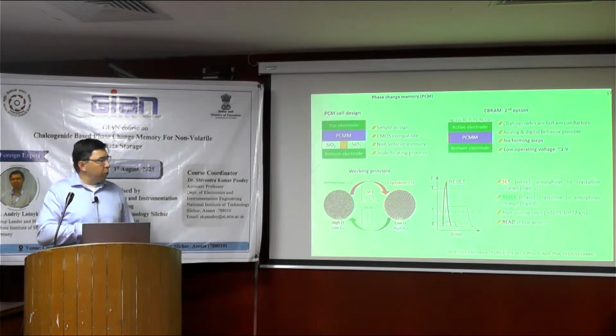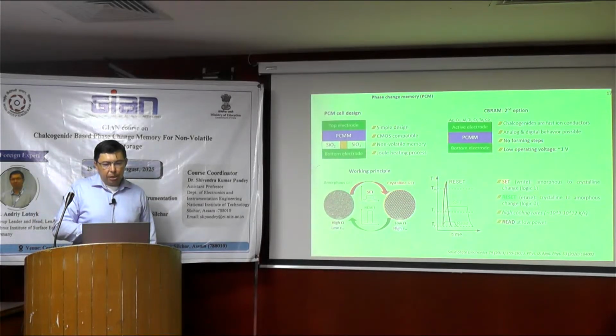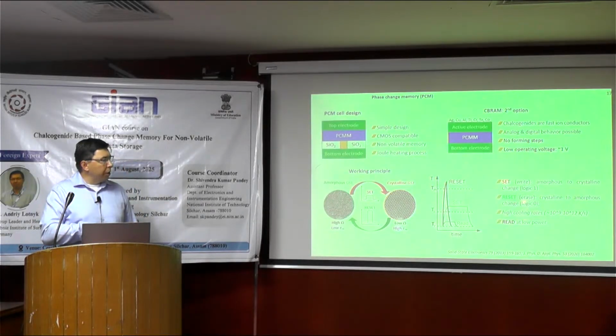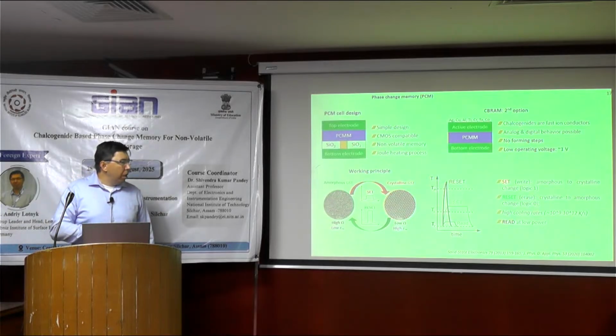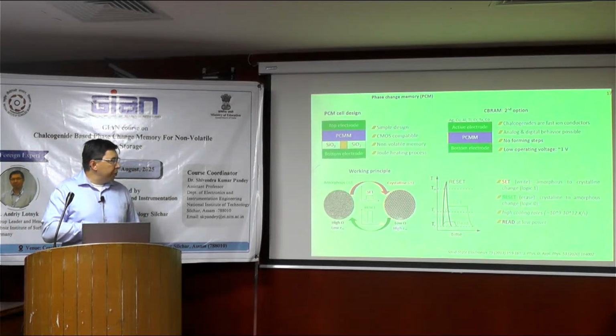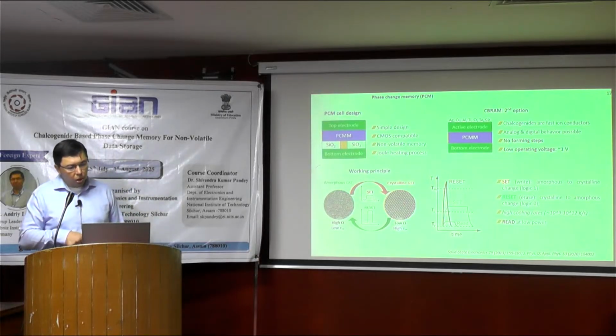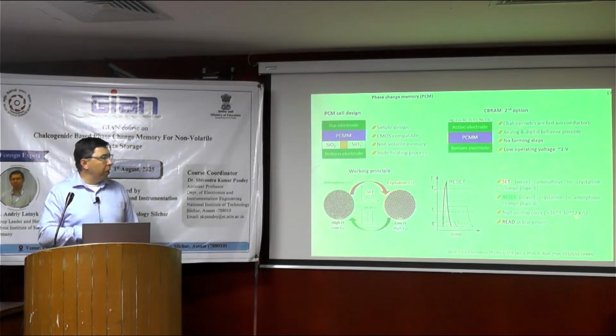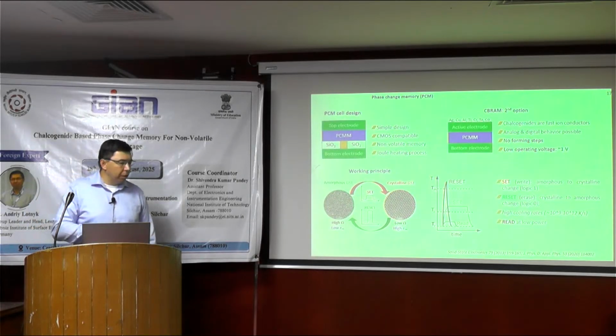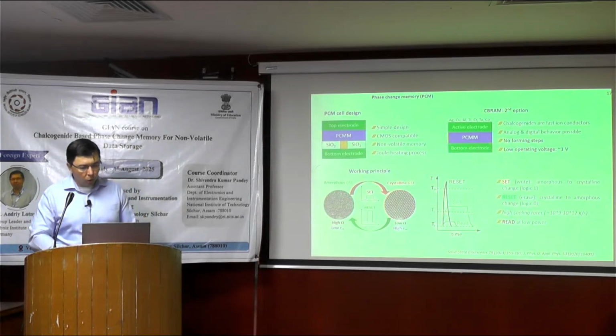This is transition from crystalline to amorphous state, and it calls logic state 0. And to achieve this amorphous state, you need high cooling rates. It's on order of 10^9, 10^12 Kelvin per second. And read is achieved at lower power.